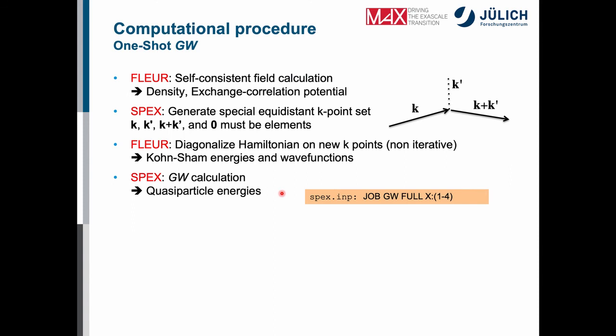At the end, I want to say a few words about how a calculation of the Hubbard U parameter is carried out in practice. Just to remind you, this is the procedure for the one-shot GW calculation with the corresponding job definition. For a Hubbard U calculation, not much changes.